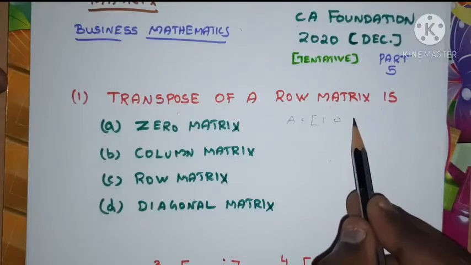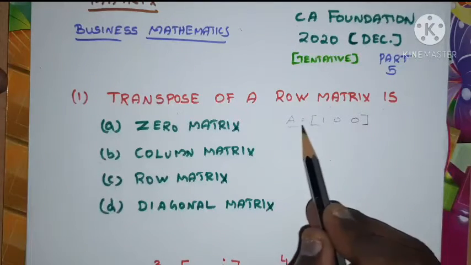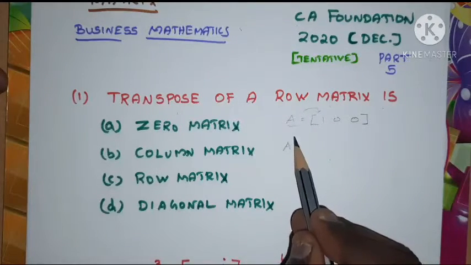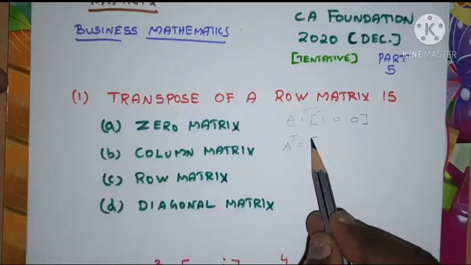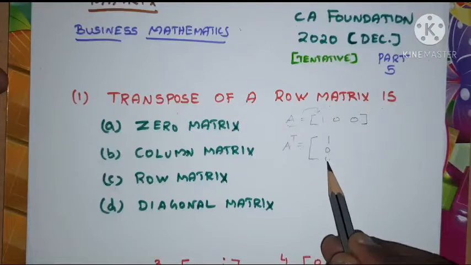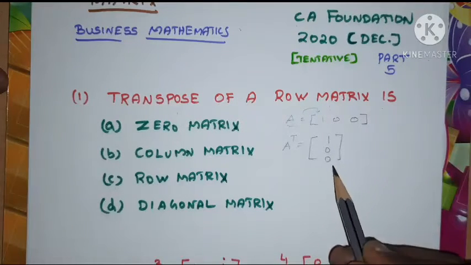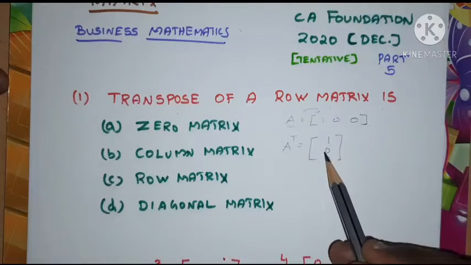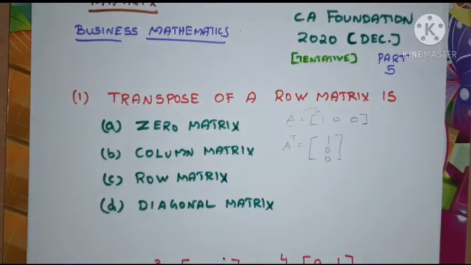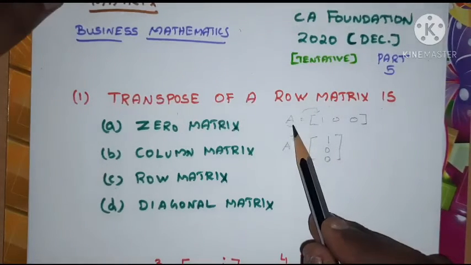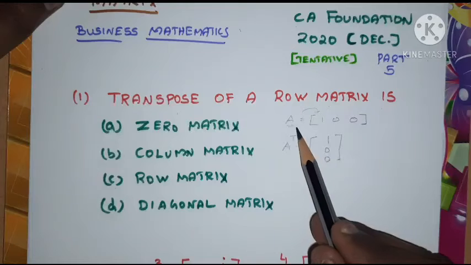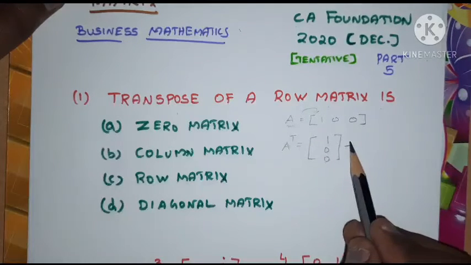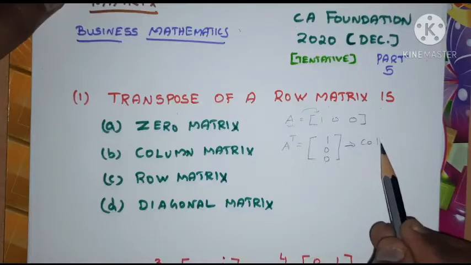That is, if I take 1 0 0 as a row matrix, the transpose of A, which we represent as A power T, will become 1 0 0 as a column. When we take transpose, rows will become columns and columns will become rows. So when we transpose A, the row becomes a column, hence the matrix will become a column matrix.